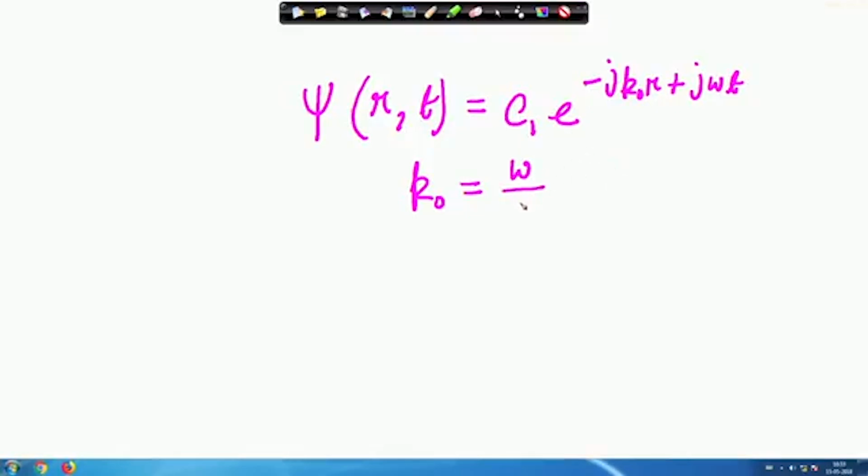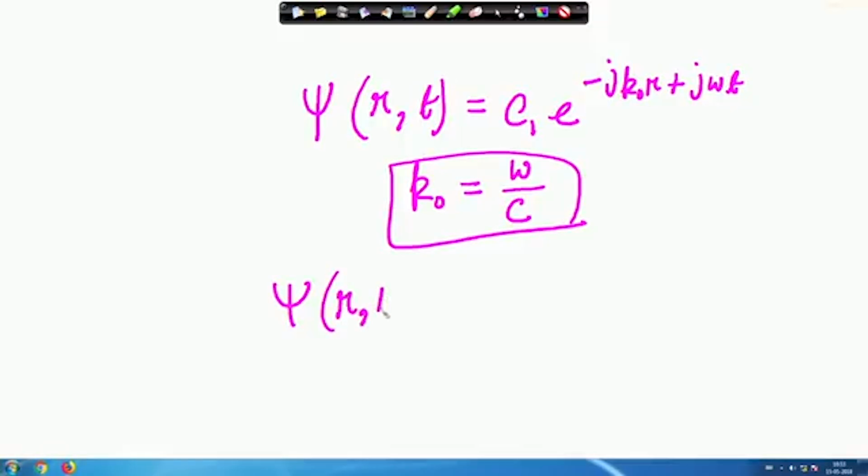So, that is actually 1 by c, where c is the speed of light in free space. In those terms we can write that phi r t will be C1 e to the power j omega t minus r by c.